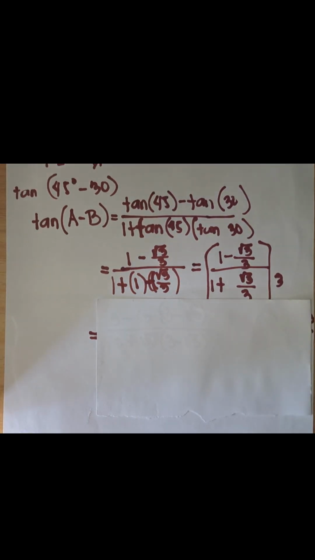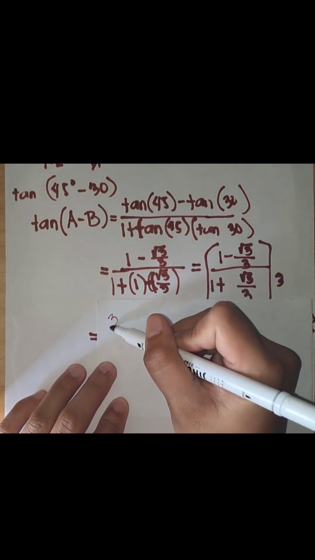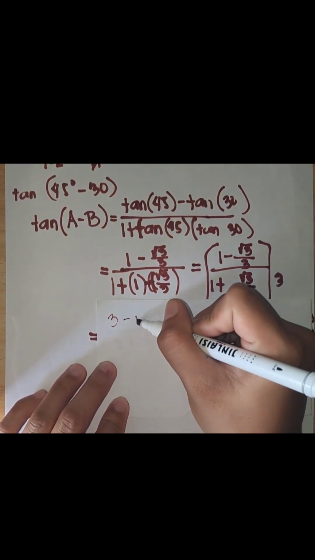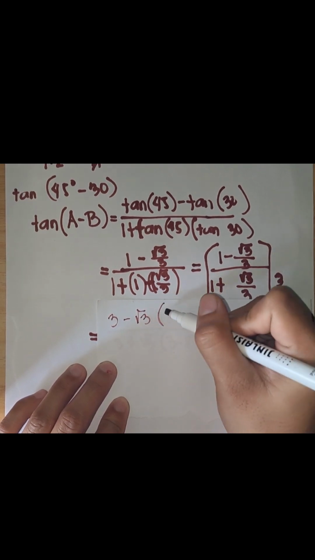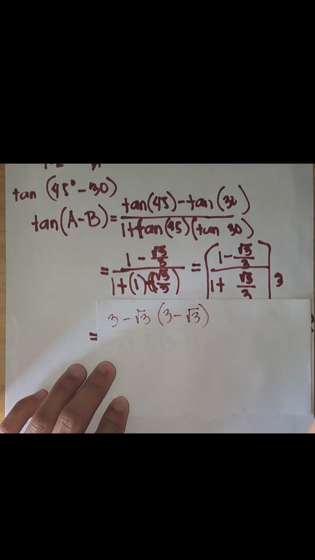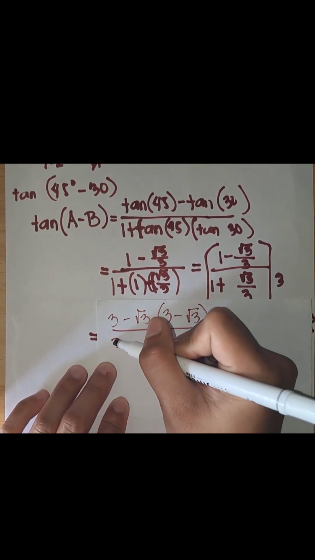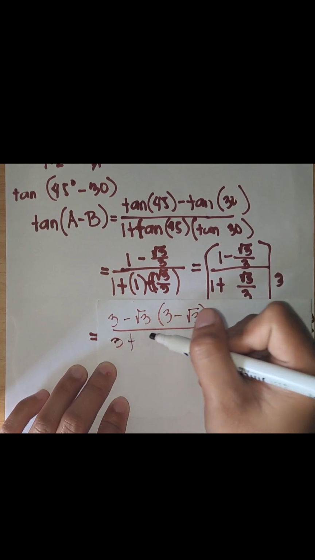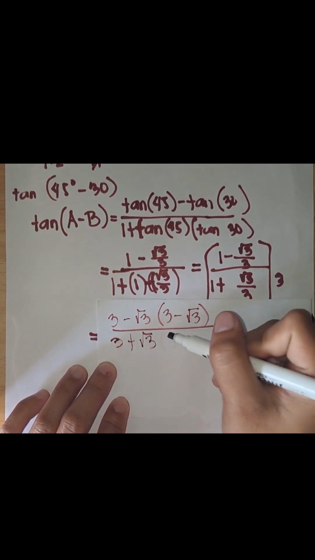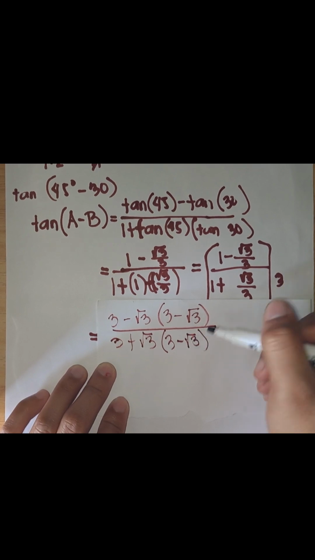So after we multiplied it by 3, the answer would be 3 minus root 3 over 3 plus root 3, all multiplied by the conjugate.